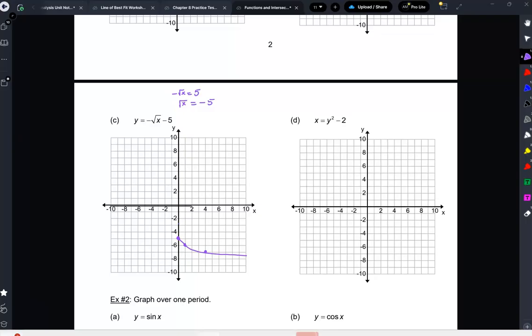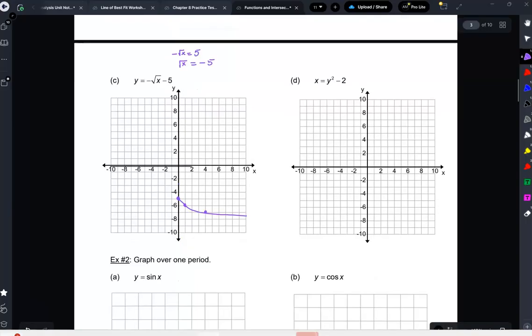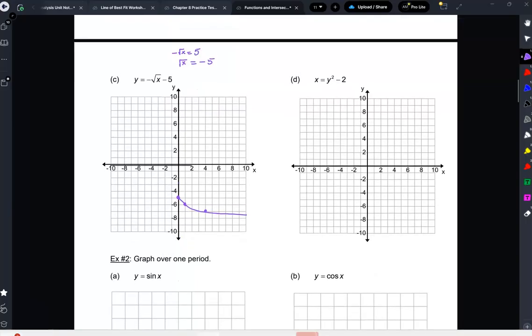Okay. Take a look at this one. This one is x equals y squared minus 2. This is definitely a quadratic relationship. Is this a function? What does this look like? If this was y equals x squared minus 2, it would be a parabola.